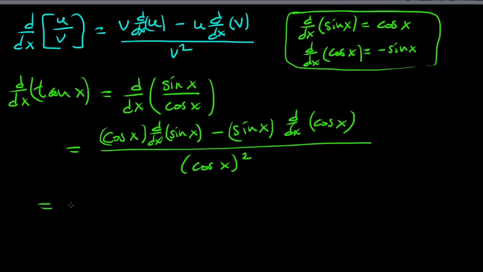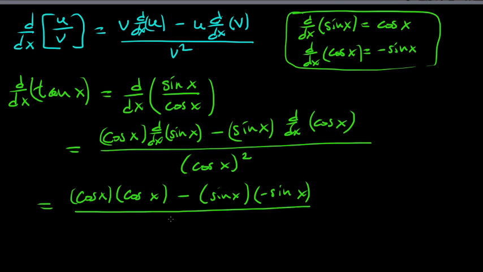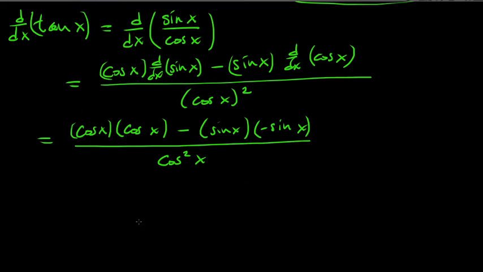Now take the derivatives, right? So we get cosine of x in the numerator times the derivative of sine, which is cosine of x, minus sine of x times the derivative of cosine is negative sine, all divided by cosine squared of x. Okay, so far?